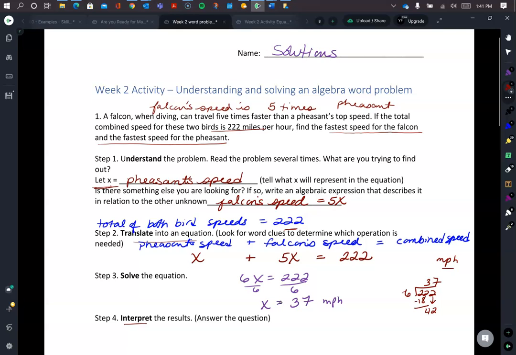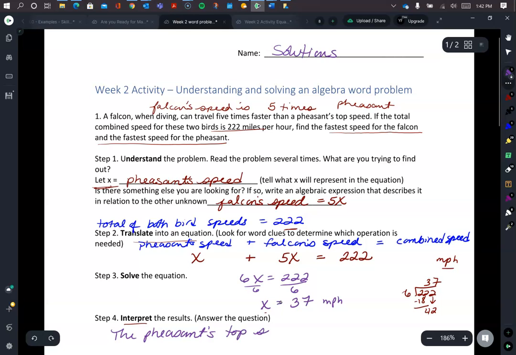So we would say x, what is x? Let's look back up here. What did we label x? Is the pheasant speed. So we would want to write in there the pheasant's top speed is 37 miles per hour.